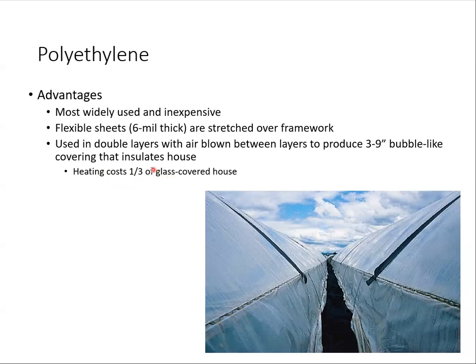Now, glass covered houses are super expensive. They're rarely used except typically in conservatory situations, in botanical gardens, a very public and pretty setting, or in private settings, not typically used for commercial production. Okay. But using this double layer actually reduces the heating costs.